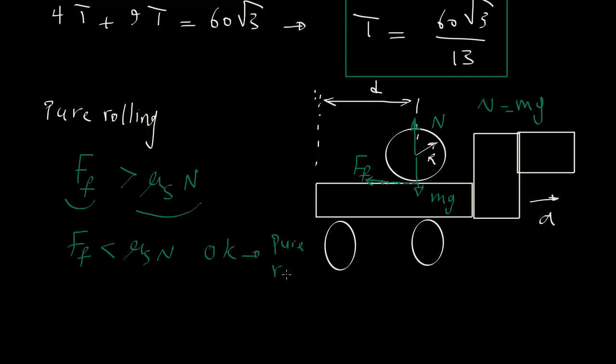But if that's not the case, if we have F_f larger than mu_s times N, then we don't have pure rolling anymore, and we have slipping here. So the disk will also slip at the same time that it is rotating in this direction.